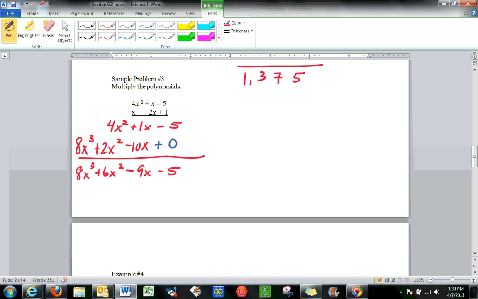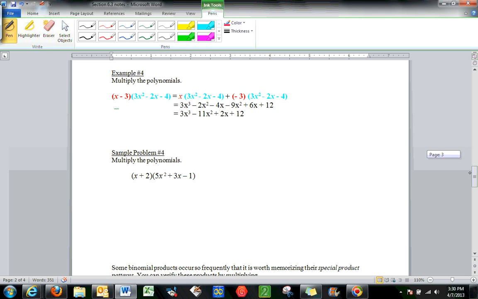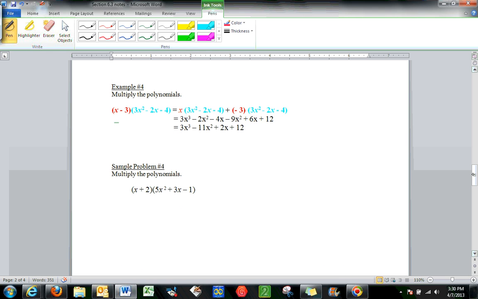polynomials the same way. Now, what most of y'all are probably more familiar with is a horizontal format where they're side by side. You're probably accustomed to having two binomials next to each other, and you would simply call this process FOIL.